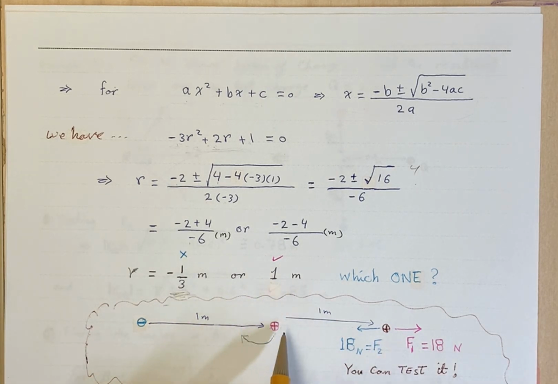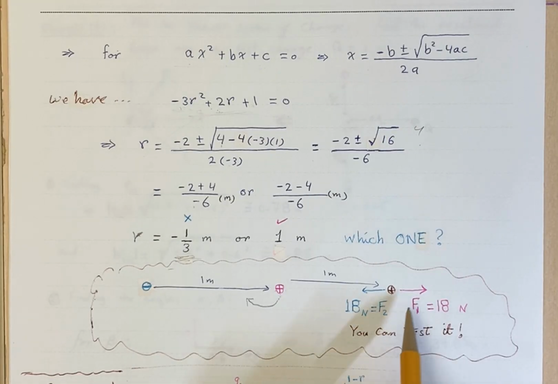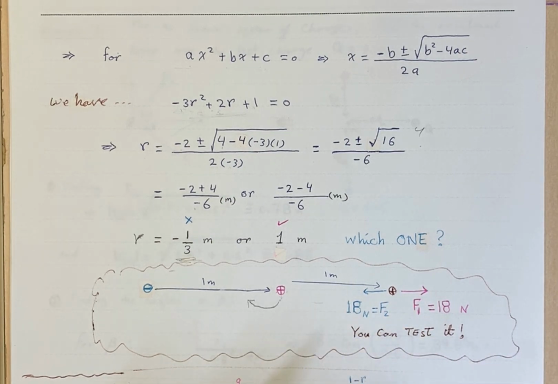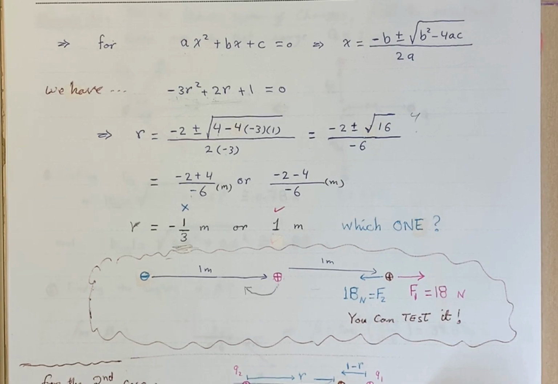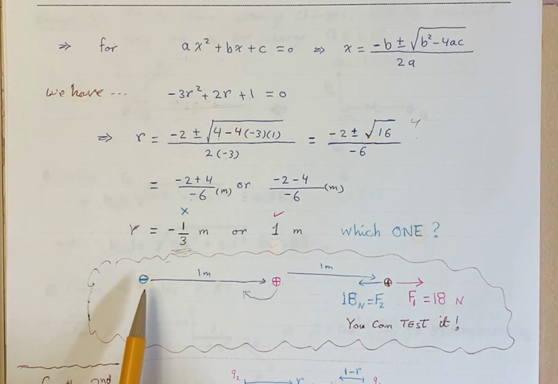The second one will give us the distance to the right, and that's right. This is the acceptable value. And if we compute the forces at this point, the first force will be 18 newtons to the right, the second force will be 18 newtons to the left, and the resultant force, as you see, 18 minus 18 will be 0. Now we have the same example, but with changing Q2 to the positive charge.